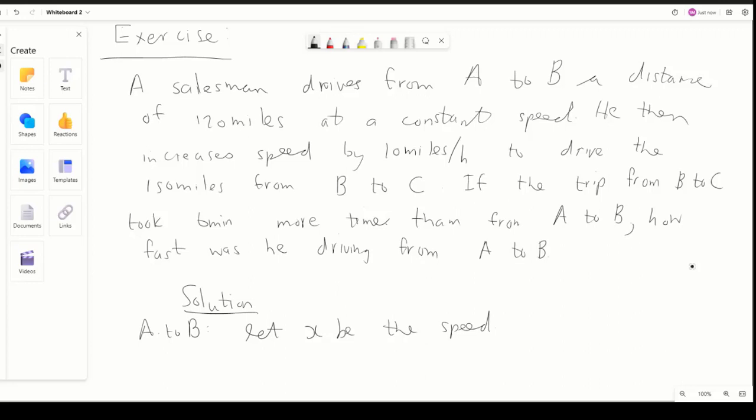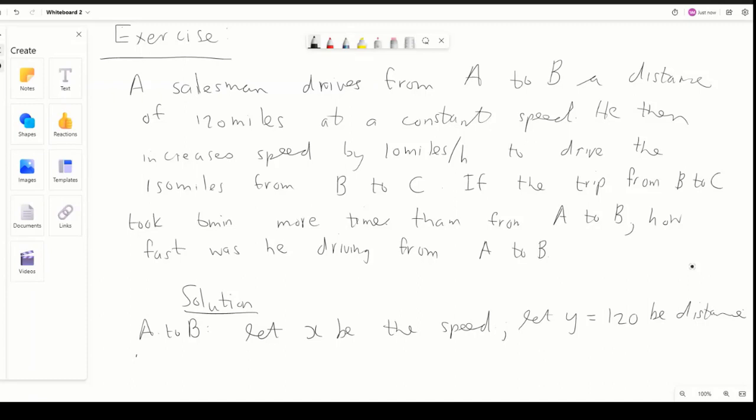We're given the distance there. Let Y equal to 120 be the distance between A and B. The salesman drives from A to B a distance of 120 miles, so the distance between A and B is 120 miles at constant speed.